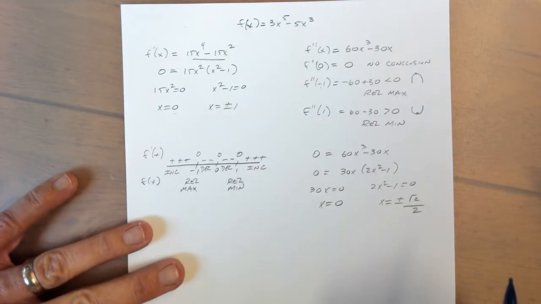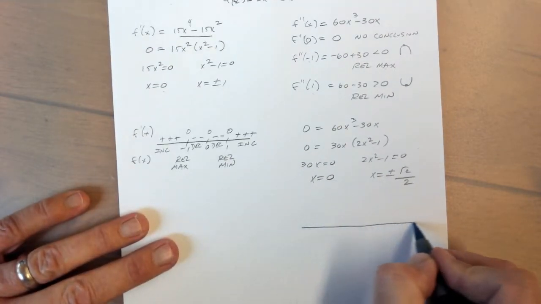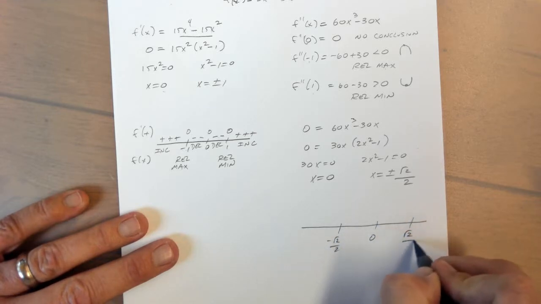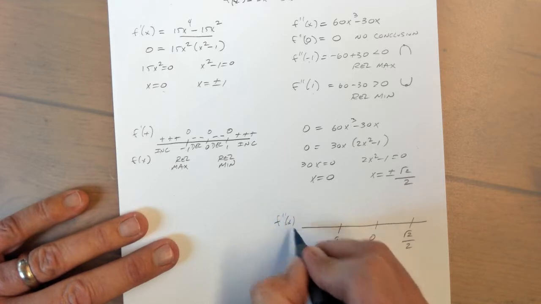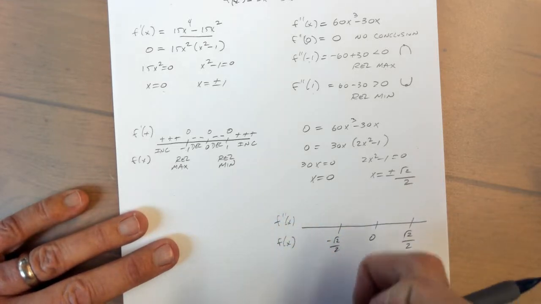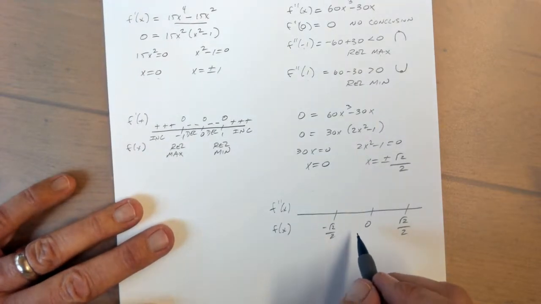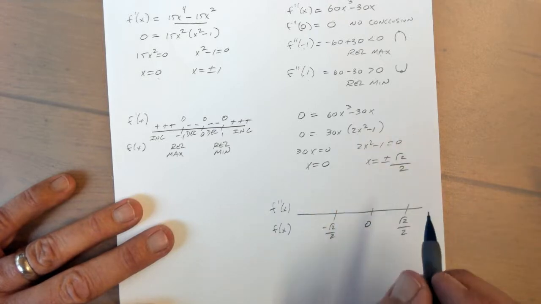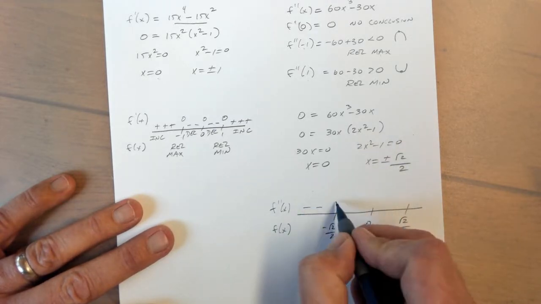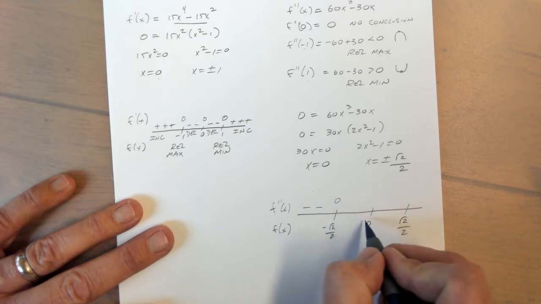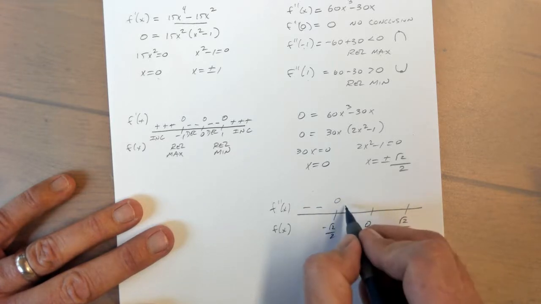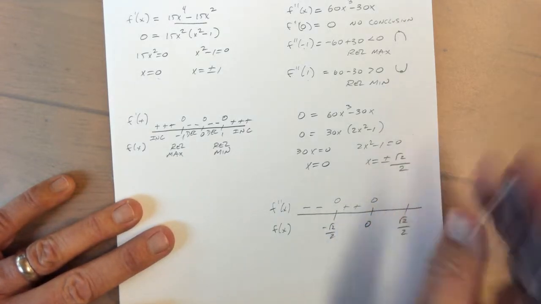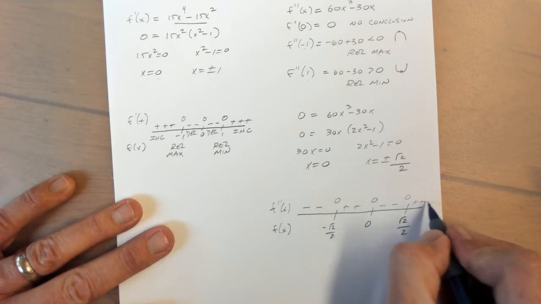So similar to what we did with our first derivative, we're going to use a number line, and look at the sign of the second derivative and use that to make some conclusions about the graph. If I substitute a number less than negative root 2 over 2 back into our second derivative, the sign would be negative, 0. A number between negative root 2 over 2 and 0 would be positive, 0. We have negative again, 0, and then positive.